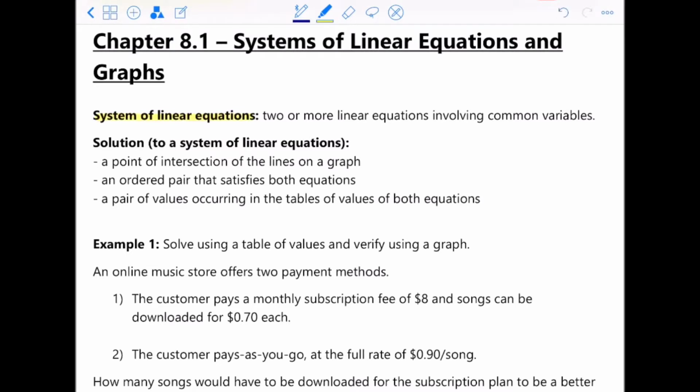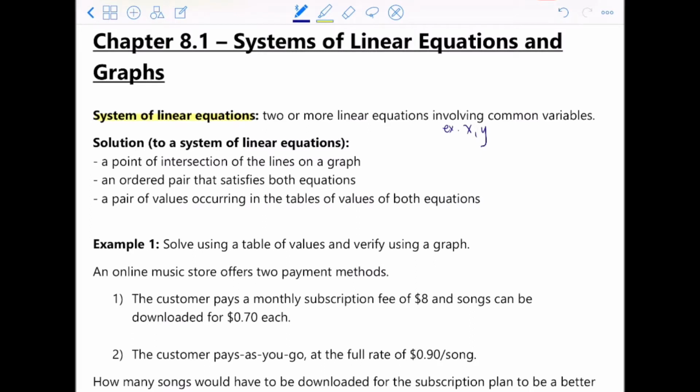A system of linear equations refers to when you get two or more linear equations involving common variables, such as x and y. Those are two common variables.